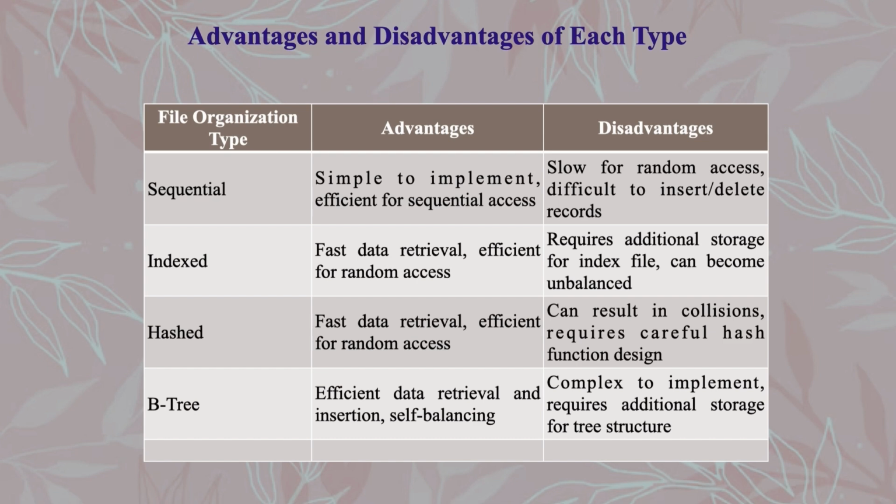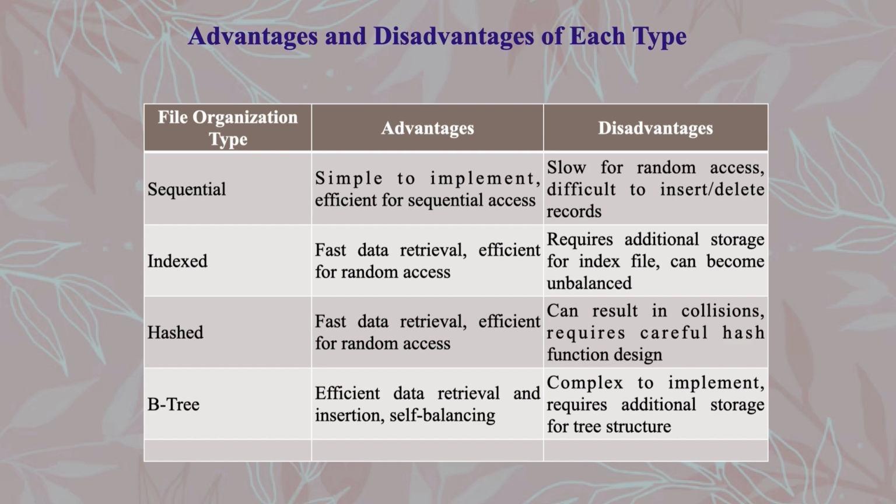The entire file must be searched sequentially to find a specific record. It is not well suited for applications that require frequent update or modification of the file. Updating or inserting a record in the middle of a large file can be a slow and cumbersome process.